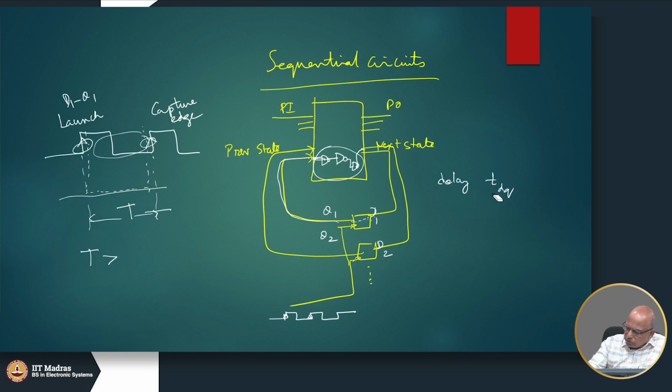I think a better way to write it is clock to Q. It takes some time for this clock to launch it to this Q. Okay. So there is a clock to Q delay at D1, plus there is some path delay, right, plus some setup time.